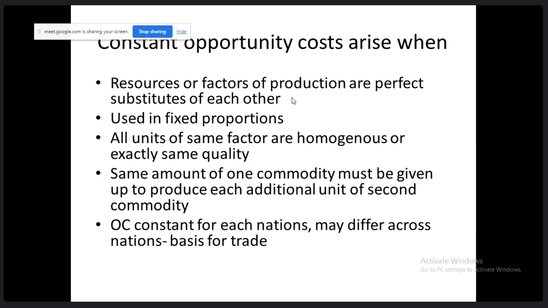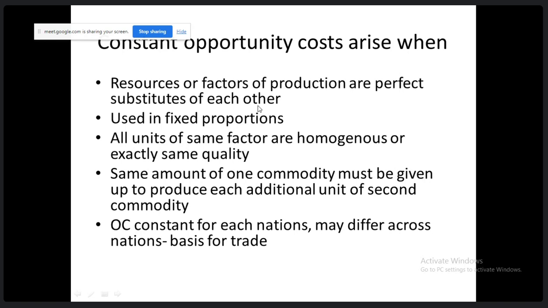Then the second thing is that the factors are being used in fixed proportions. As long as the factors are being used in fixed proportions, the cost will remain constant. The third thing is that all units of the same factors are homogeneous or of the same quality. That's the reason we are saying that they're perfect substitutes of each other.